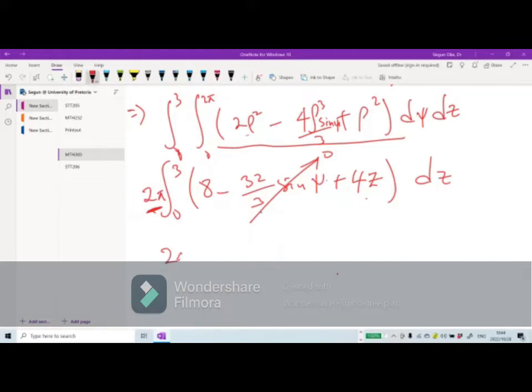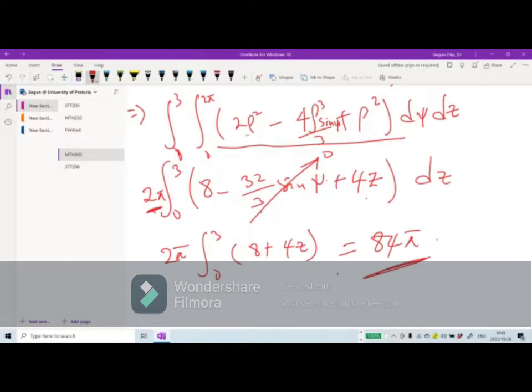So we have 2 pi integral of 0 to 3 in bracket 8 plus 4z. When you integrate this one and solve it very well, you are going to have 84 pi.